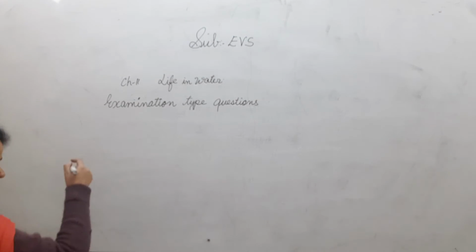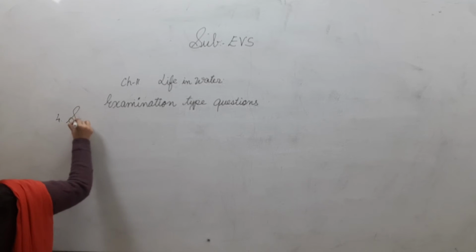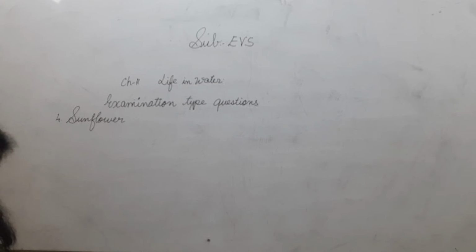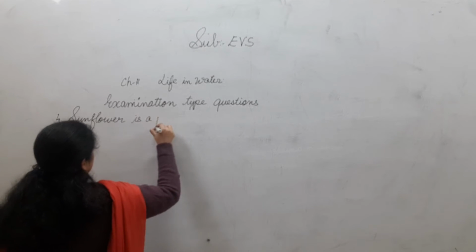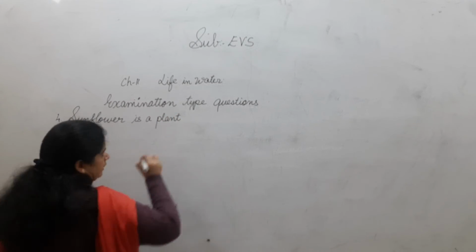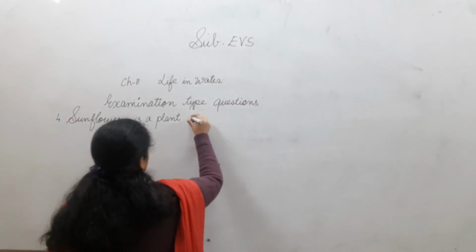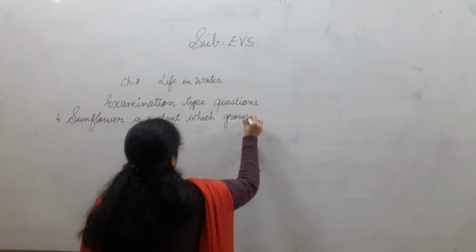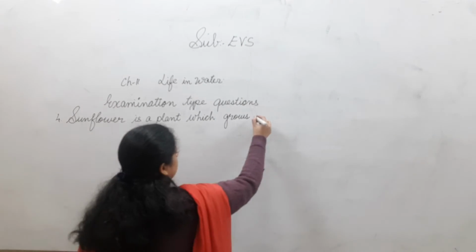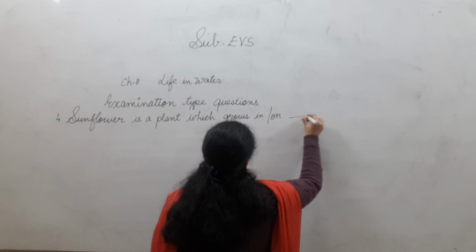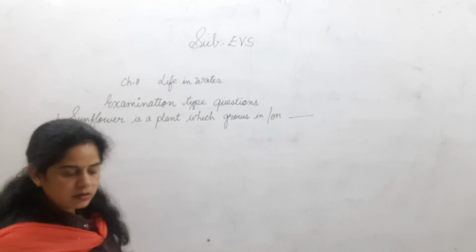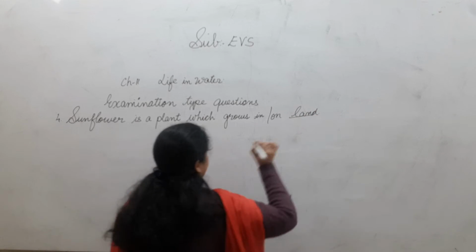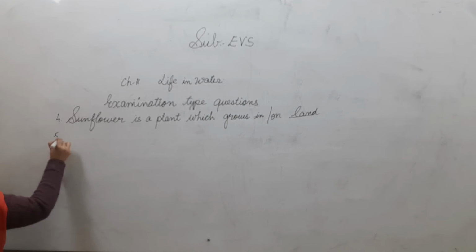Now fourth one, sunflower is a plant which grows in or on dash. So sunflower is grown on land. You will cut in, you will write on land.